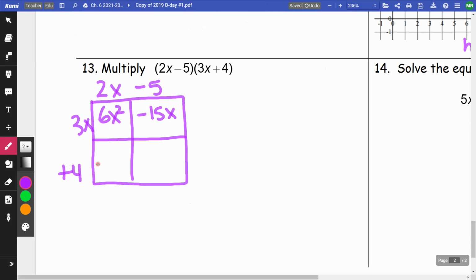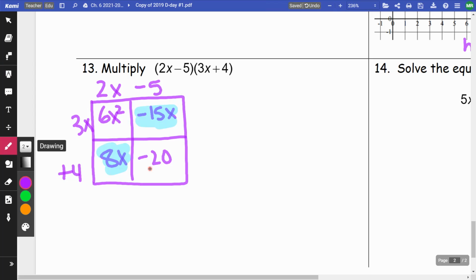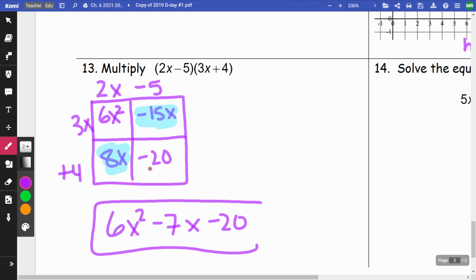This box, I get an 8x. And for this box, I get a negative 20. So when I combine like terms, my like terms being this and this, I am going to get as my final answer 6x squared minus 7x minus 20. That is my answer. You need to write it out.